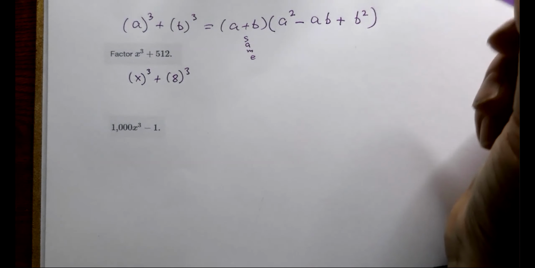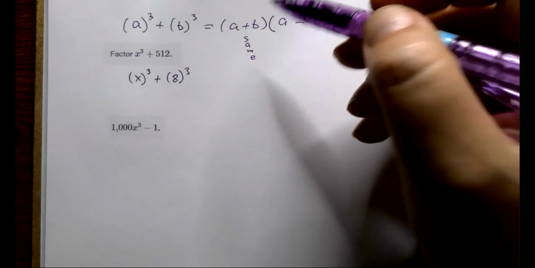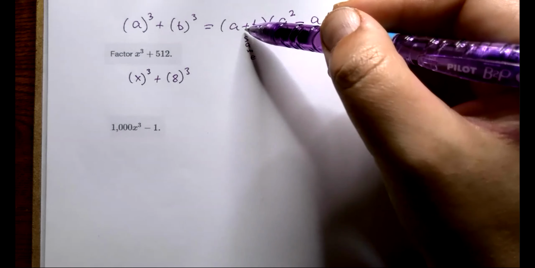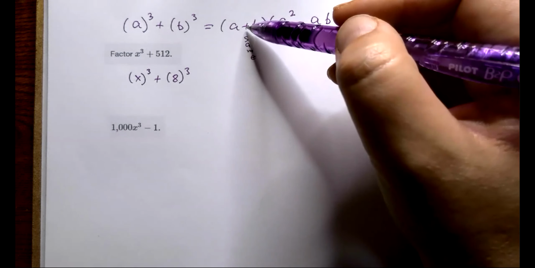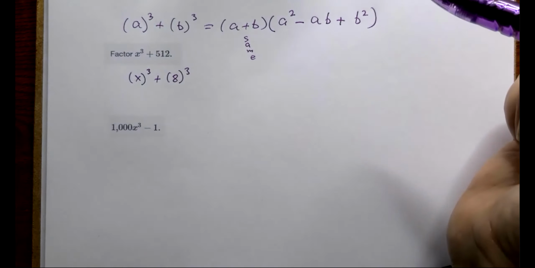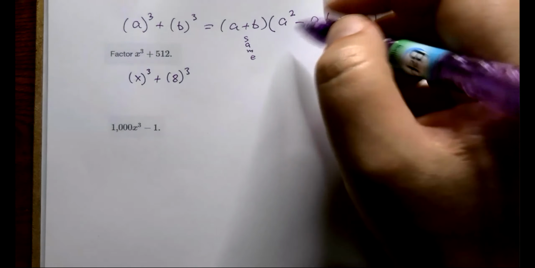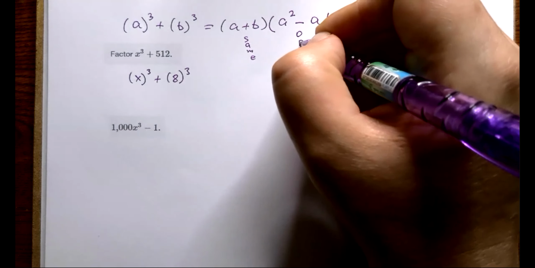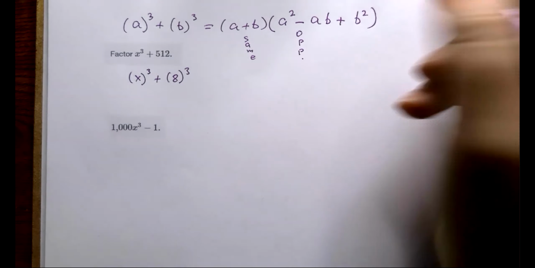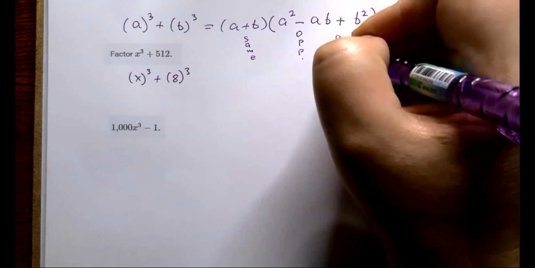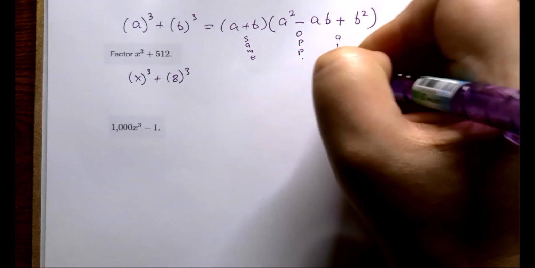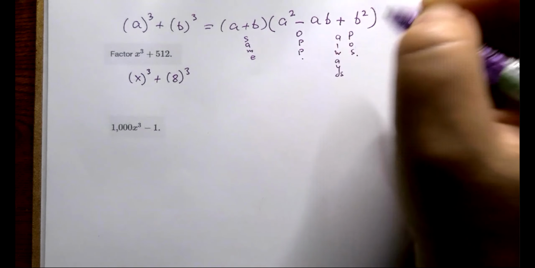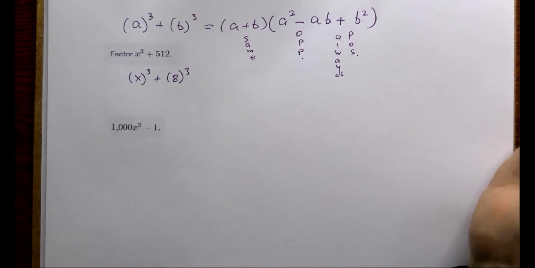That's how I remember it. It's called the SOAP formula because SOAP is an acronym that refers to the signs. The first sign is the same as in the original expression. This one is opposite. And this one is always positive. Hence the SOAP.